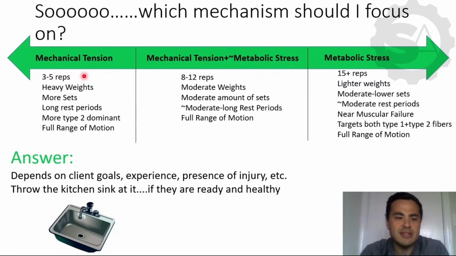Maybe you do some things that target mechanical tension, maybe you do some things in the moderate rep range, and then maybe you do some things that specifically target metabolic stress. We talked about type 2 fibers being more dominant in mechanical tension. The good thing about metabolic stress is that we're working both type 1 and type 2 fibers. Early on in the set, we're probably going to be more type 1, and then as we get closer to failure, we're working type 2.